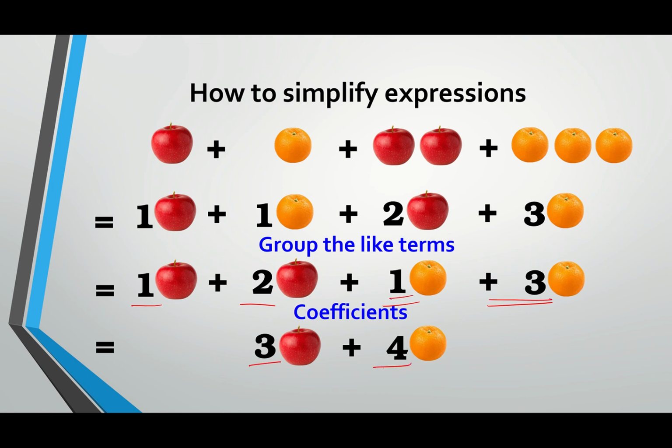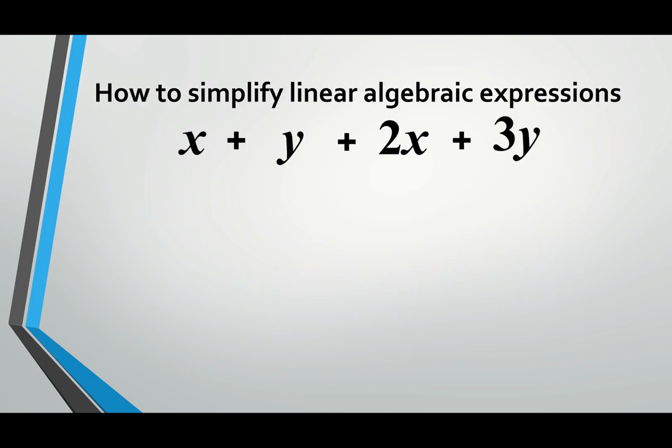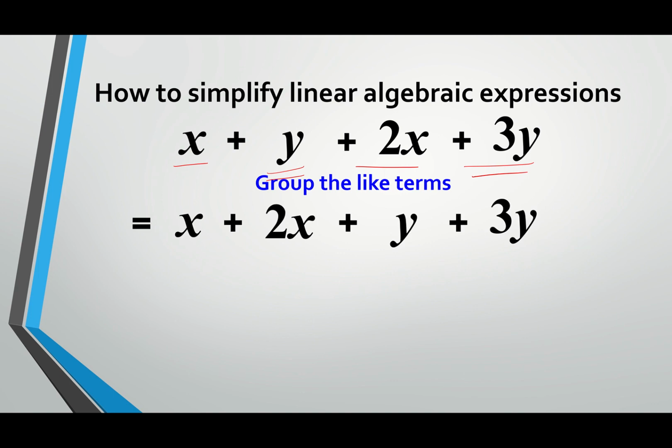Okay, now let's transfer this to algebraic expressions. Here we have x plus y plus 2x plus 3y. Now we can see that they are like terms. We have x plus 2x, they are like terms, and we have y plus 3y, they are also like terms. So we group the like terms, so that we have the x's together and the y's together.